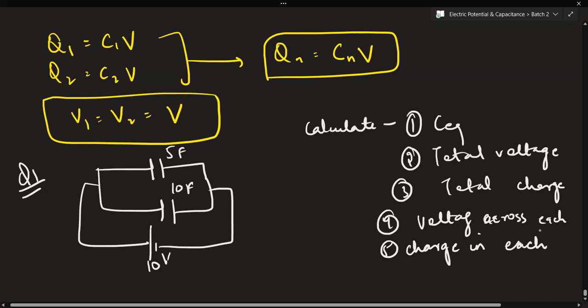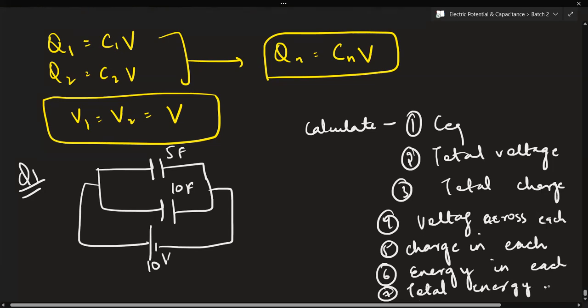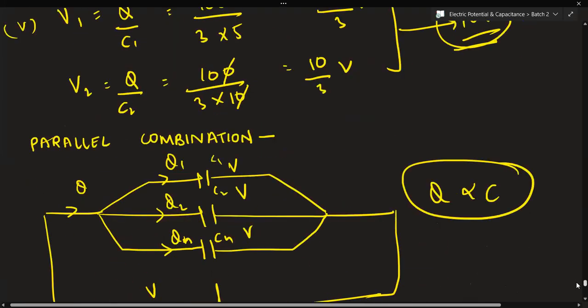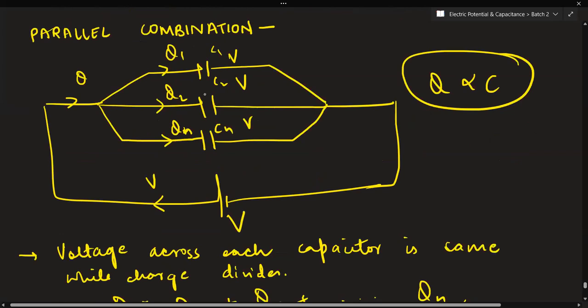Charge in each, energy in each, and one more part, total energy. So first note down the points, then solve this. First note down the points for parallel combination. So in case of parallel combination, voltage across each will remain the same.